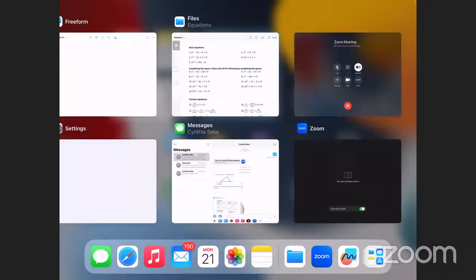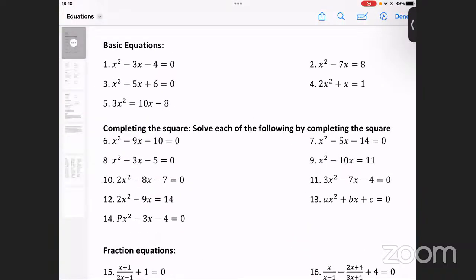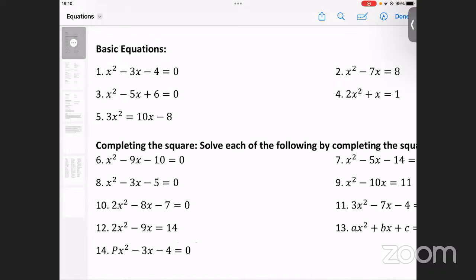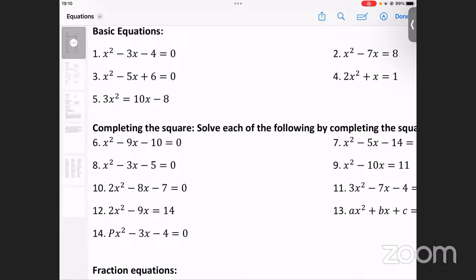So I'll just hear from you if you will need this document. We might not necessarily need to go through everything, but I just want you guys to have a sense of what is expected of you when you practice to prepare for examinations. Let's quickly have a look at those basic equations.